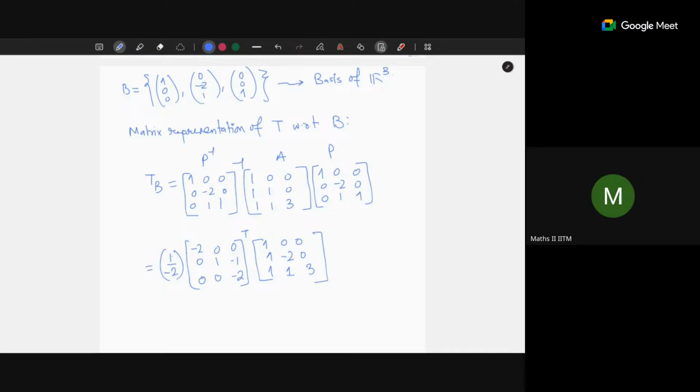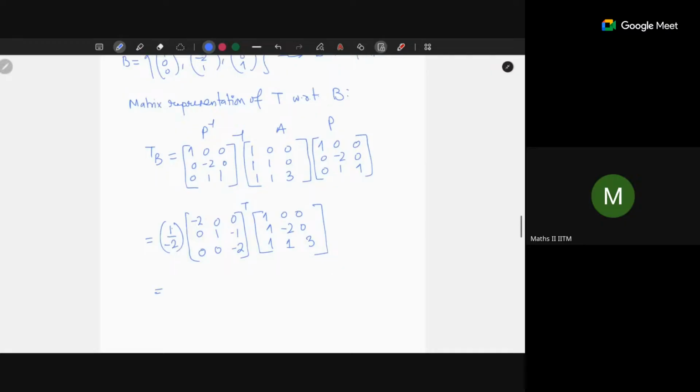All right. So this is the cofactor matrix that I have calculated. I need to take the transpose of it to find the adjoint. So I will get 2 0 0, 0 1 minus 1, 0 0 minus 2.